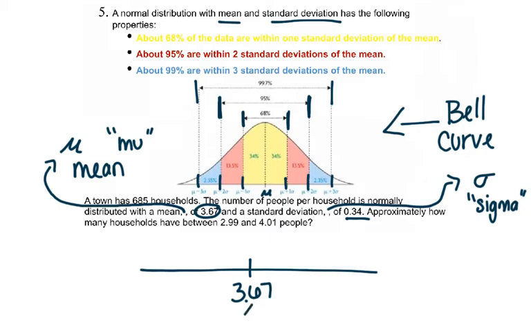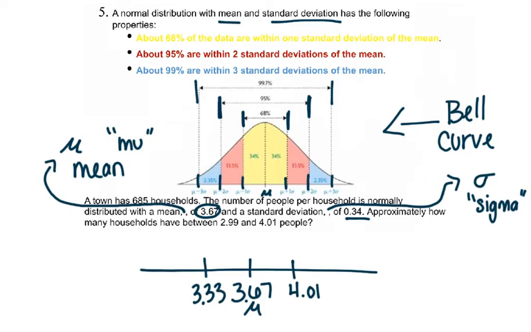So here is mu, and we're going to go up 1 standard deviation and down 1 standard deviation. So what I'm going to do is add 3.67 and 0.34. All right, so 4.01 is 1 standard deviation above, and then I'm going to do 3.67 minus 0.34, and I get 3.33.